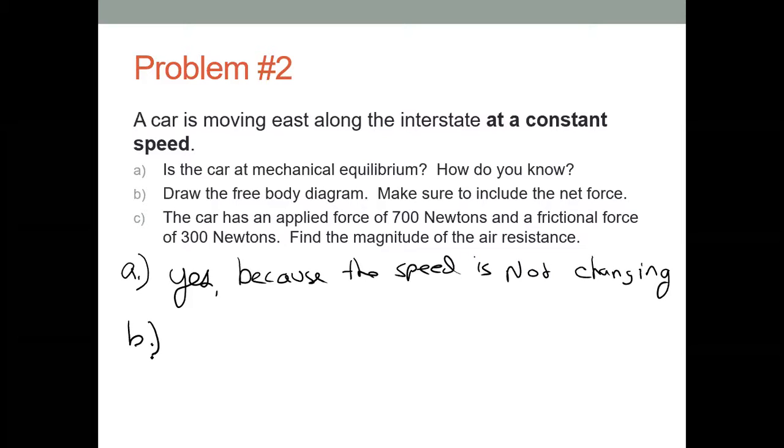All right. So there we got that. Now we got to draw a free body diagram. So again, a free body diagram starts with a dot. There are 6 types of forces. We've got actually a number of forces acting on this. What is a force that might be acting on this?